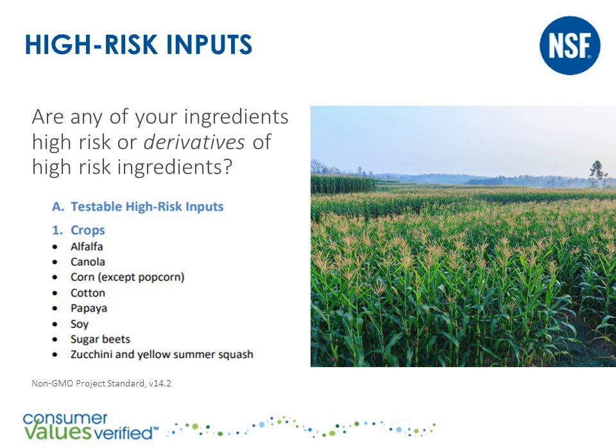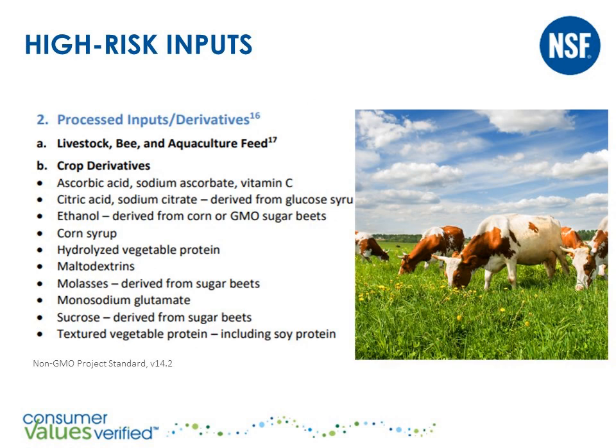So high-risk inputs would be a product or an ingredient which contains derivatives of these high-risk crops. They're alfalfa, canola, corn, soy, cotton, papaya, sugar beet, yellow summer squash, and zucchini. And those were the high-risk testable inputs.